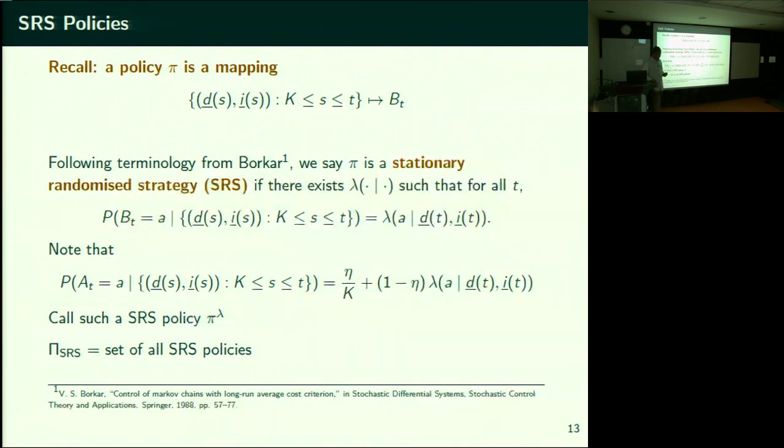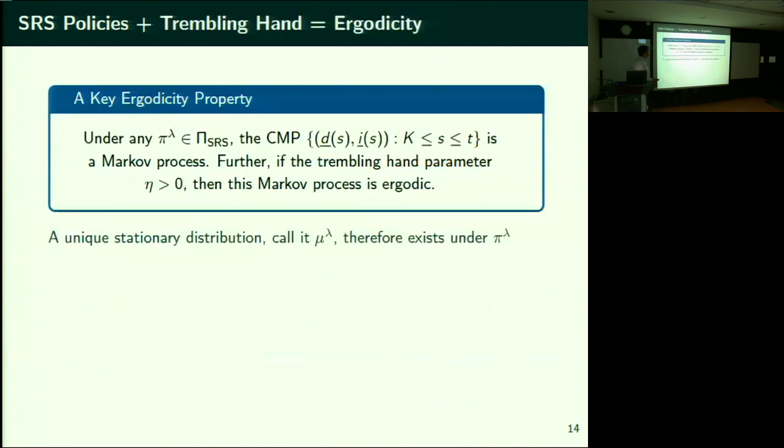Then my question is why do you get an ergodic process only when eta is positive? What happens when eta is equal to 0? Is it necessarily non-ergodic? Ergodicity has many aspects to it. One is that you should be able to go from any state to any other state with strictly positive probability. That is the irreducibility part of ergodicity.